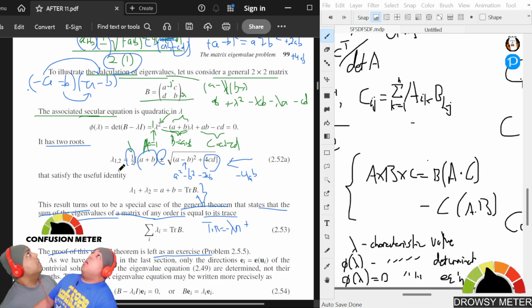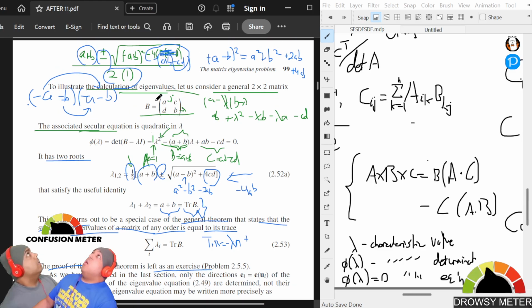Okay. So lambda 1 is half a plus b plus this. Lambda 2 is half of a plus b minus this. So the plus and minuses cancel out. The two halves combine to get a plus b. How is a plus b the trace of b? What is a plus b?